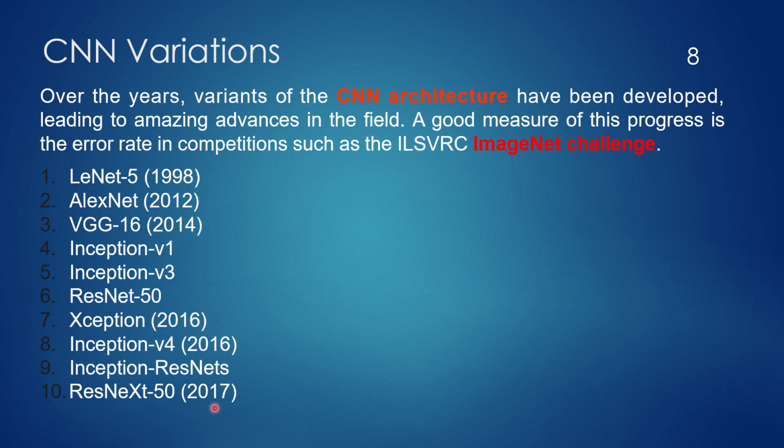CNN architectures have evolved rapidly, improving accuracy and efficiency in visual tasks, with competitions like ImageNet showcasing the progress.